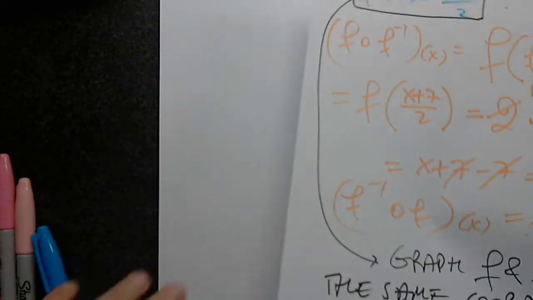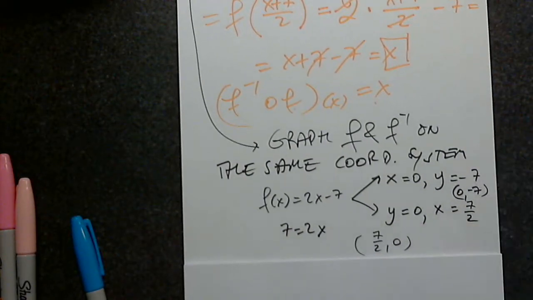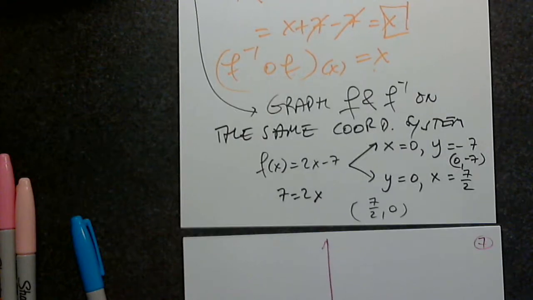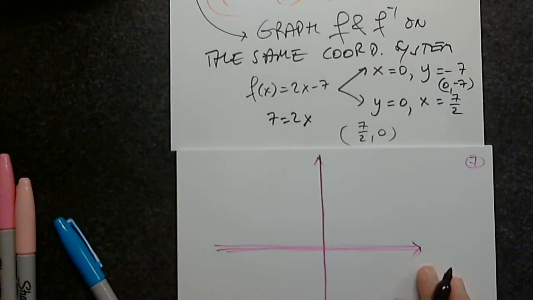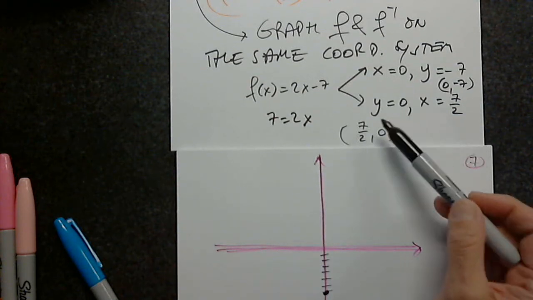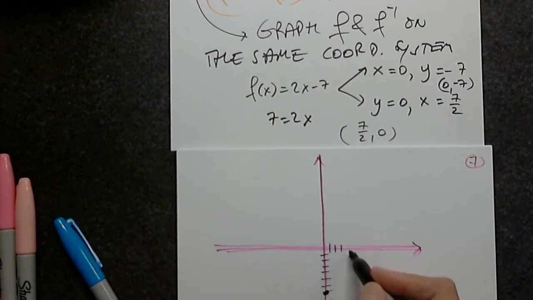Okay, very good. So let's plot those. And you will see something very interesting will happen. Sorry, my lines are not very straight. Okay, so I'm going to plot (0, negative 7), 1, 2, 3, 4, 5, 6, 7. And I'm going to plot 7 halves, 0, 1, 2, 3, and a half.